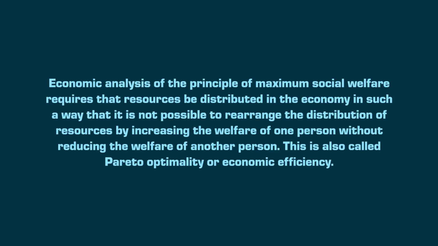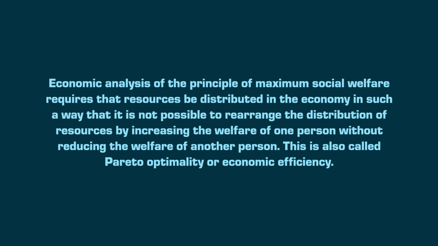So to conclude, I would like to say that economic analysis of the principle of maximum social welfare requires that the resources should be distributed in the economy in such a way that it is not possible to rearrange the distribution of the resources by increasing the welfare of one person without reducing the welfare of another person.